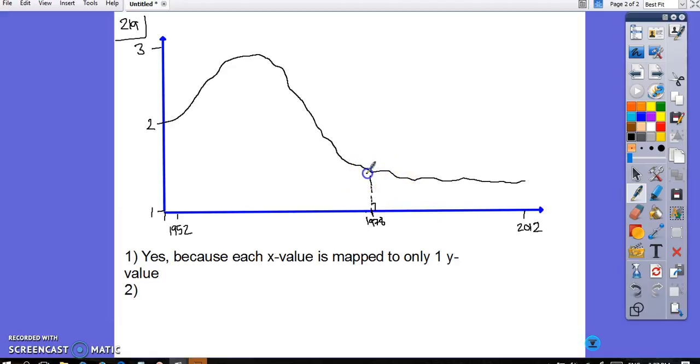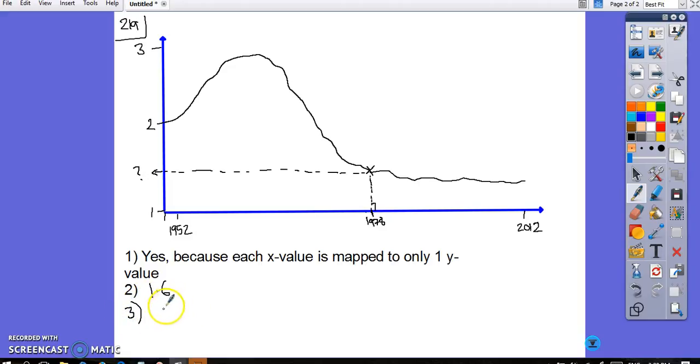You find the point on the line, and then you use your ruler to go across to find out what the corresponding y value is. So what's this value here? And you should find that it gives you a value of 1.6. So each family had an average of 1.6 children in the year 1978, or each woman had an average number of children of 1.6.